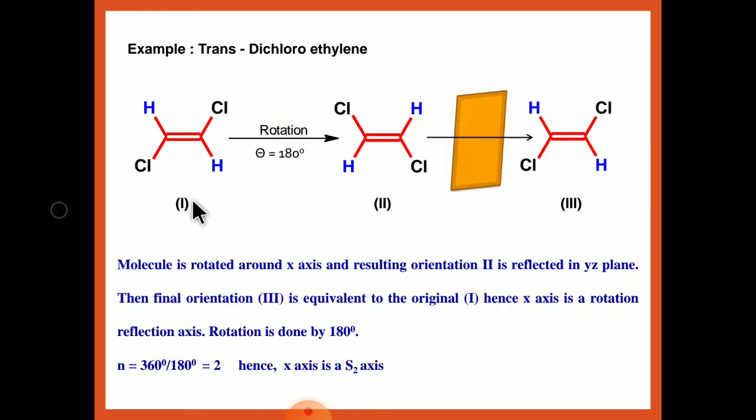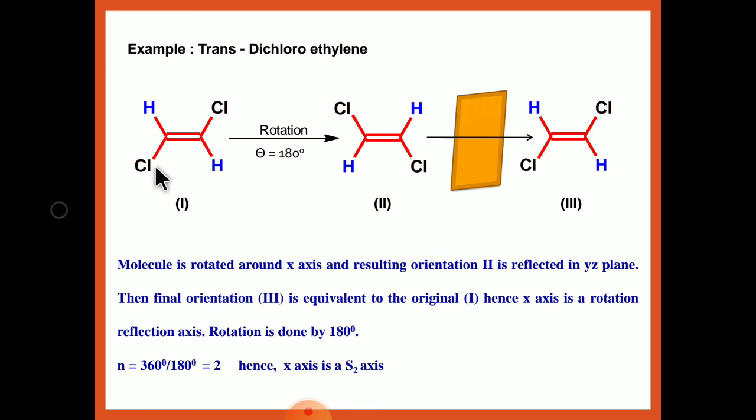So here is an example of trans-dichloroethylene. If we rotate this molecule by 180 degrees through this Z axis, the C2 axis, then we will get this second orientation.